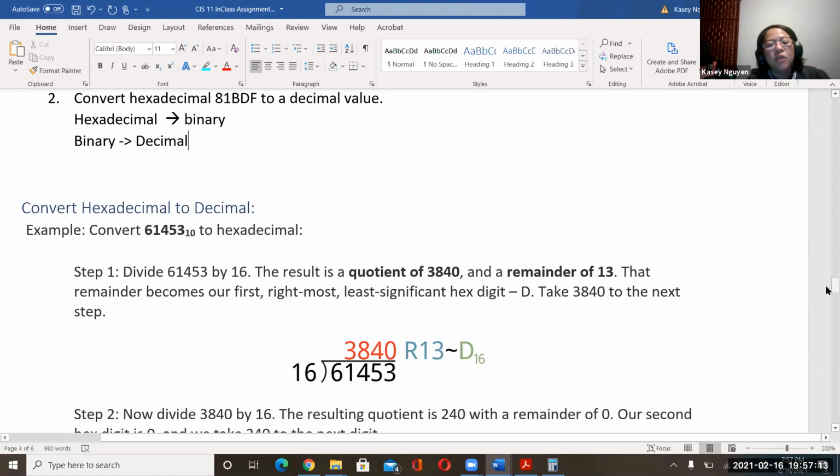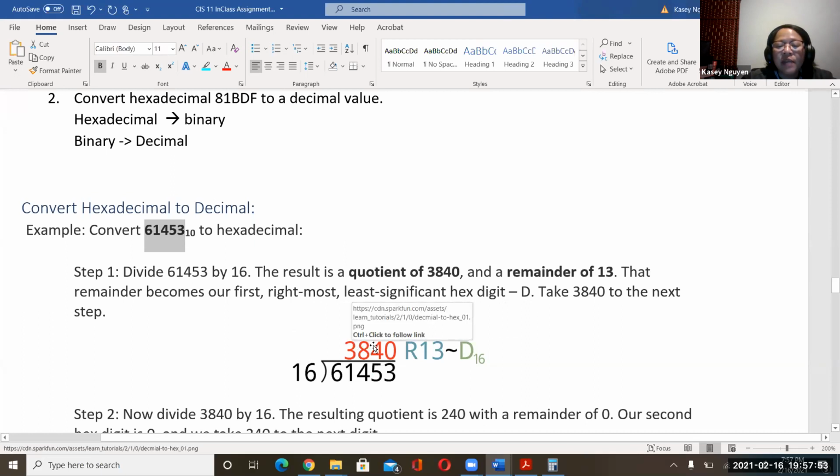You would take the decimal number and divide by 16, because it's base 16. You're going to do long division. That's why sometimes people don't prefer the division method, because you have to do long division and use the quotient to keep dividing. But the remainder is important, because the remainder represents a value.